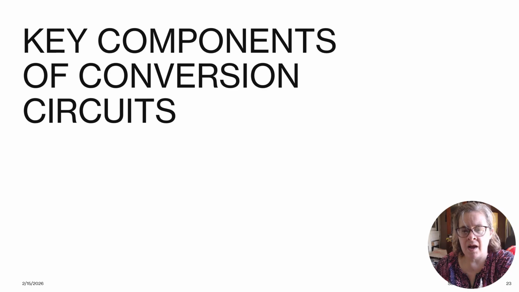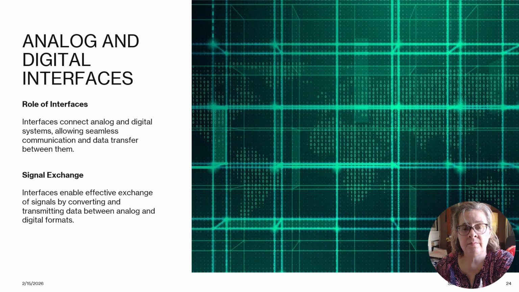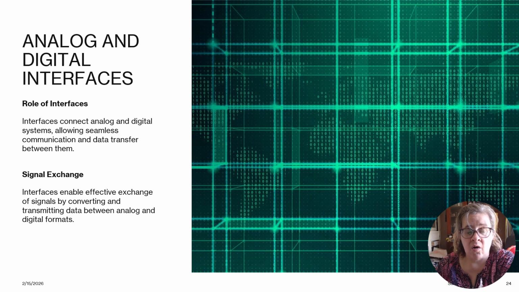Examining the hardware elements that facilitate analog to digital and digital to analog signal conversions. Interfaces serve as bridges between analog and digital components, enabling communication and signal exchange. So there are interfaces that help interchange this.